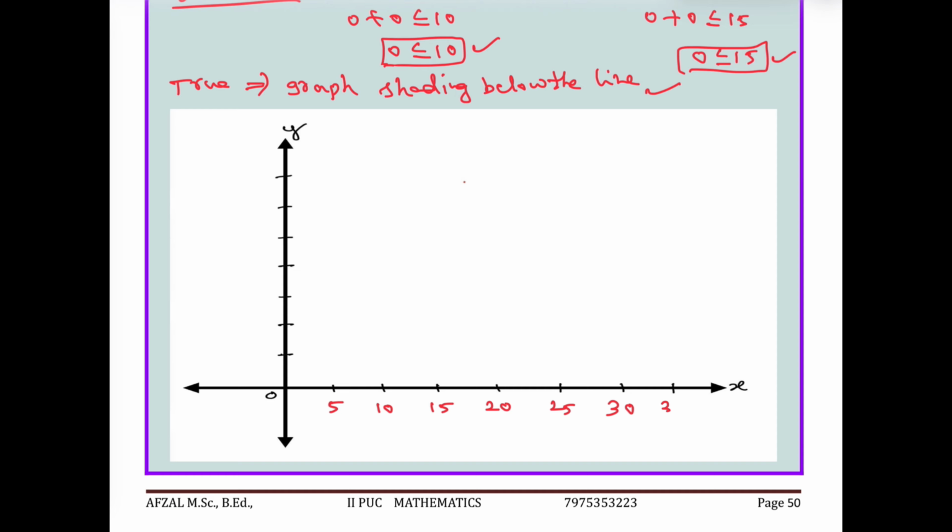Determinant of A inverse formula is 1 by determinant A. That means first we will find the determinant of A. For matrix 1, 5, 2, 3, cross multiply: 1 into 3 minus 2 into 5. 1 threes are 3, minus 2 fives are 10. 3 minus 10 is minus 7, so it equals 1 by minus 7. Therefore, C option is correct.